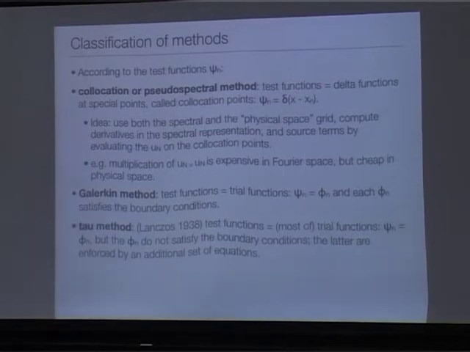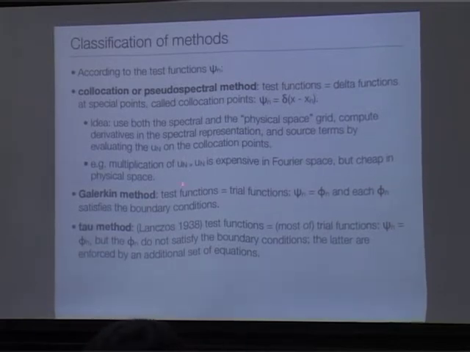For example, if your source term is some nonlinear term where you have to take the square of the solution, taking the square in Fourier space is actually quite expensive because there's no simple square of all these Fourier expansion terms. So if you want to take the square, at every grid point you just compute the square locally.